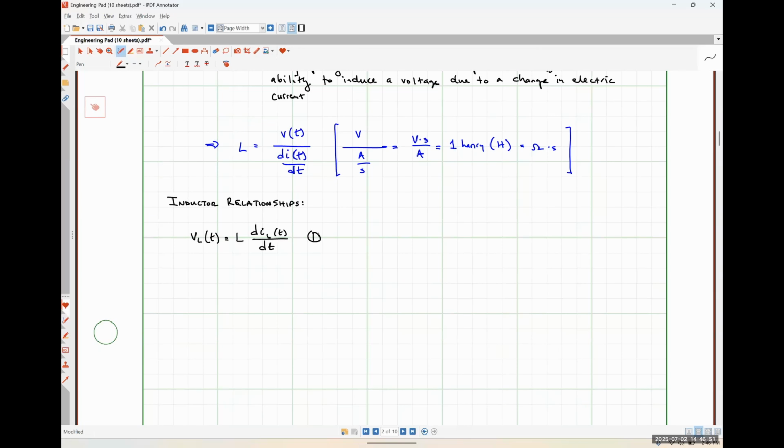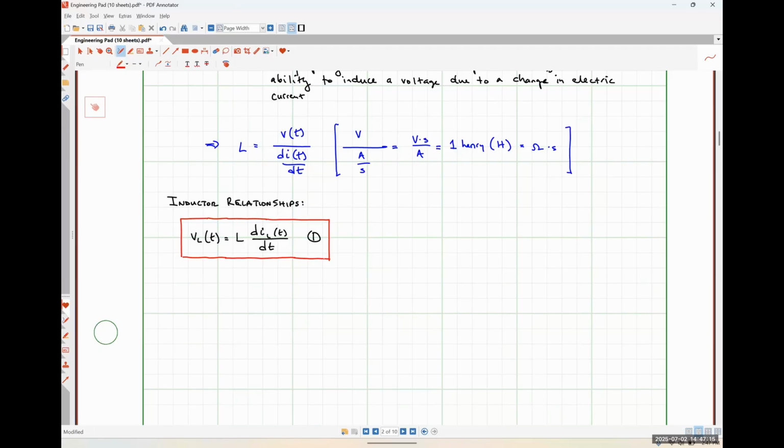So this is relationship number one. Okay. I'm going to put a box around it because it is very important. And for what it's worth, you are expected to learn this relationship, or really you're expected to memorize it, but I think it would be better served if you were to learn it for your upcoming exam. Okay.